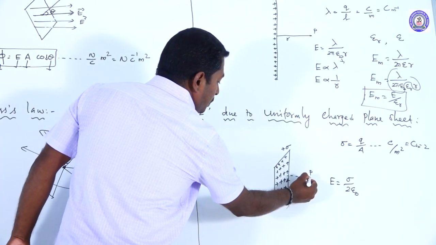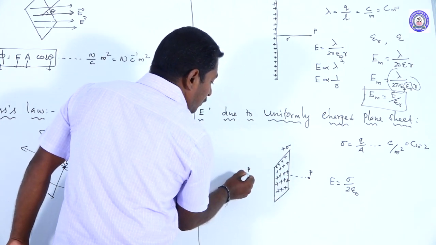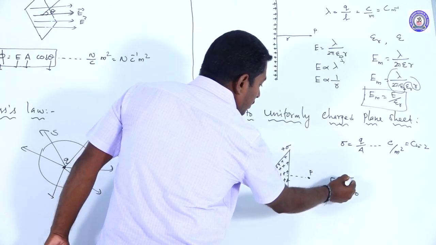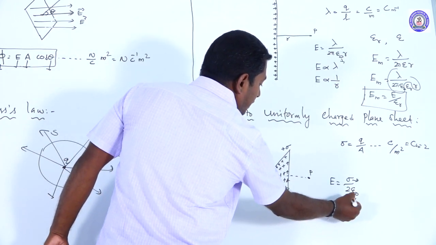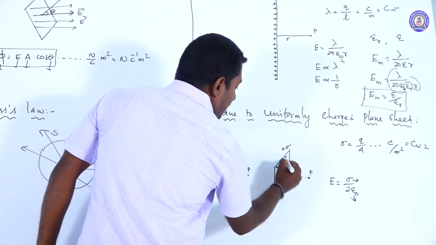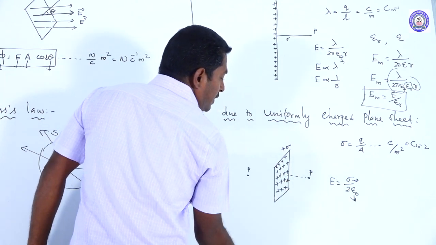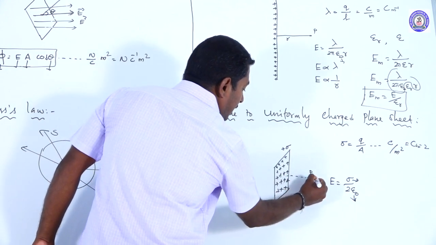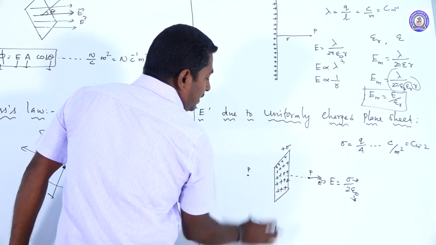Not only at this point P, on the other side also the magnitude of the electric field due to the uniformly charged plane sheet is E equal to sigma divided by 2 epsilon naught. Here sigma is the surface charge density and epsilon naught is the permittivity of free space. But the direction of the electric field at this point due to the infinitely charged plane sheet is away, because positive charges are accumulated on its surface.